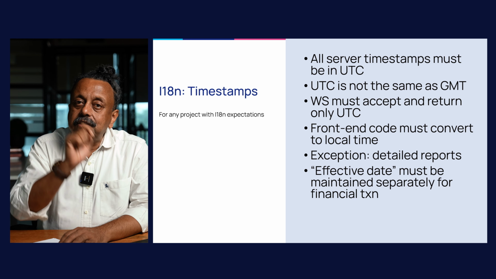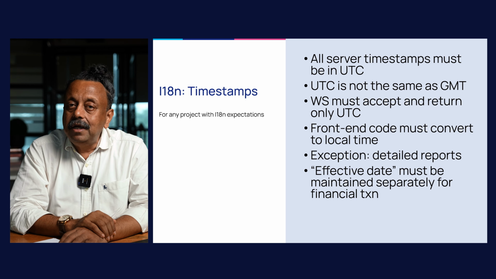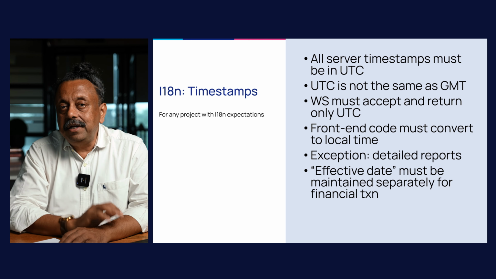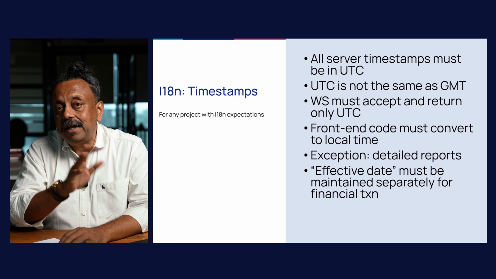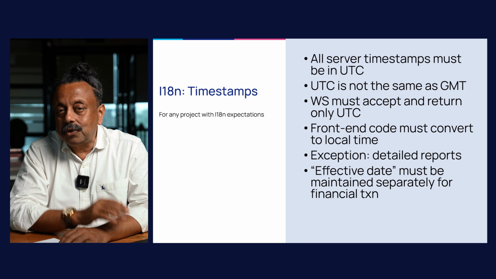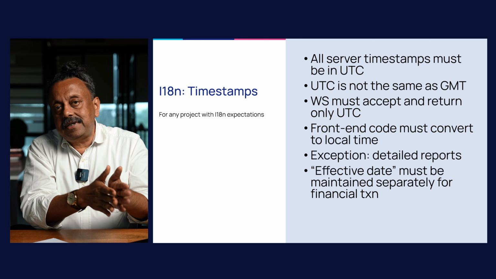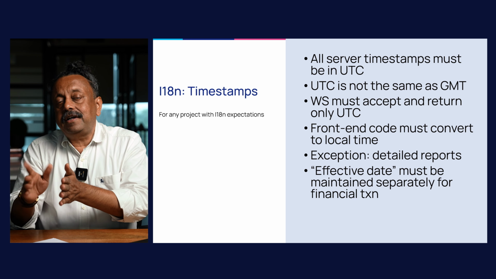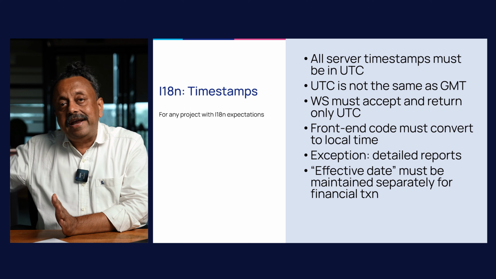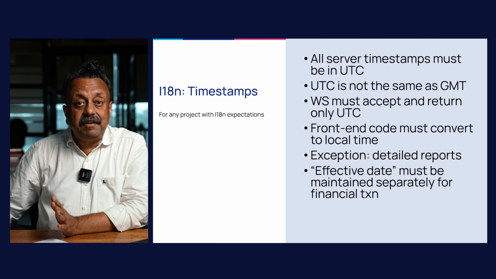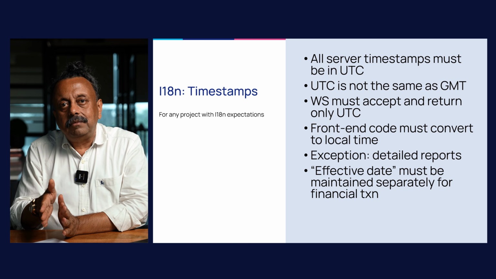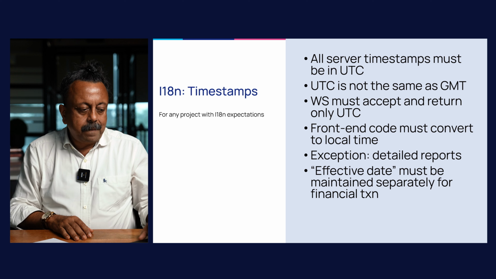It's not enough to just store the UTC timestamp for a transaction where money value is involved and the effective date can have a legal bearing. So in those situations, we store the UTC timestamp in one column and the effective date in the local time of the venue where the transaction was effected in the second column. So we need to have both columns there.